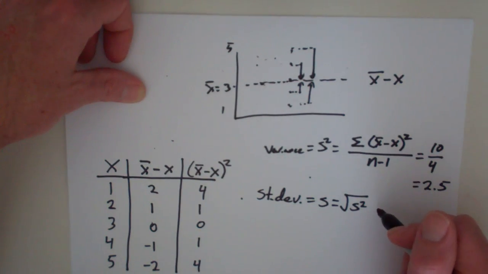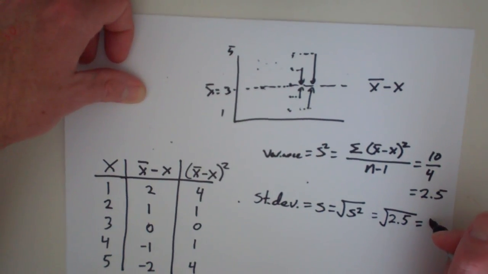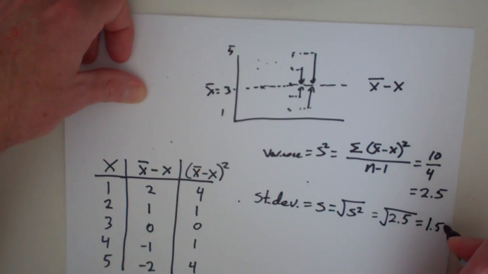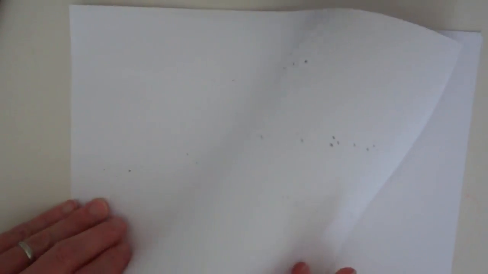And so to get this, we can take 2.5, take the square root of that, and we get the standard deviation is 1.58. Okay, so now how does that help you distill a big distribution down into a few basic points?